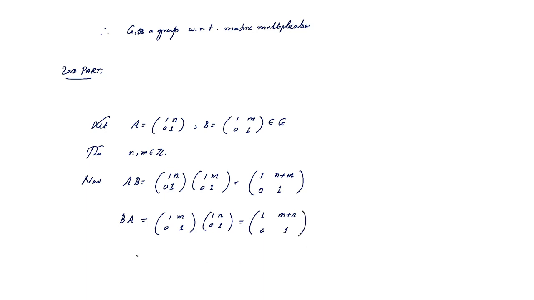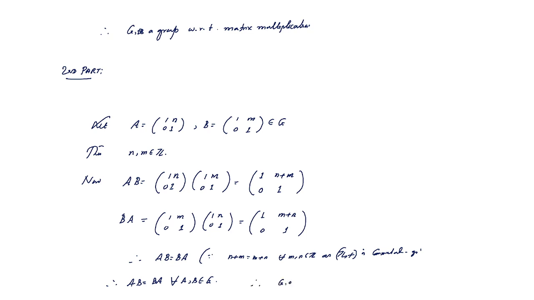Now from that we can conclude AB equals BA. Why? Since the integers Z under addition are commutative, n plus m equals m plus n for all m, n belonging to Z, as Z with respect to addition is a commutative group. So therefore this holds for A, B. Since A, B is arbitrary, we can write AB equals BA for all A, B belonging to G. So the commutativity property holds.